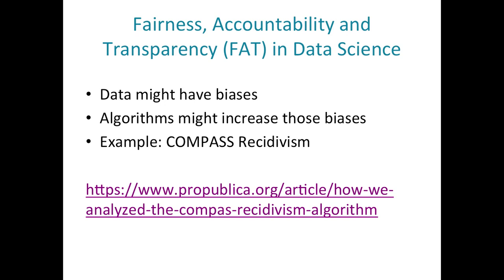And the reason for that was just because the data had biases, because it had decisions made by judges, and so the model was picking up on those biases and sort of enhancing them more, right? I really encourage you to read about this algorithm.